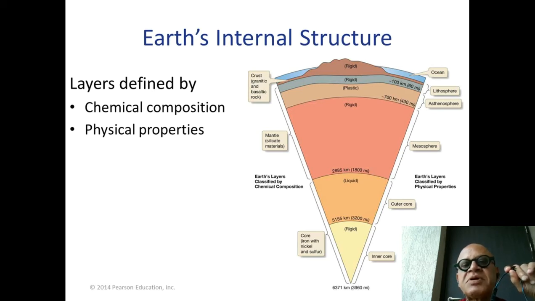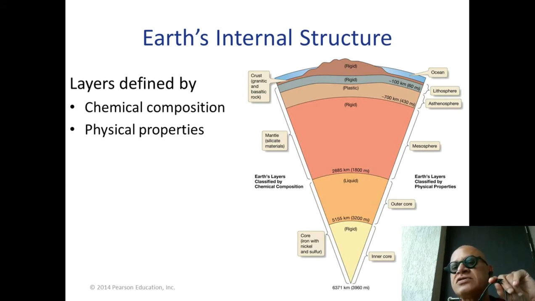We will see that in a bit. And the crust is basically made of igneous rock. It's either granitic or basaltic, depending on whether it's the ocean crust or the land crust, and its densities and colors are different as well.